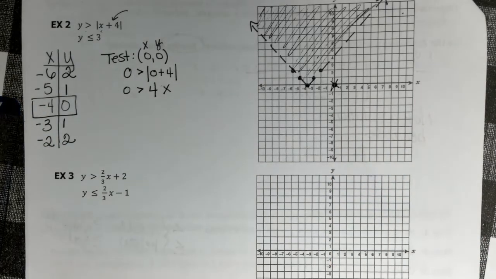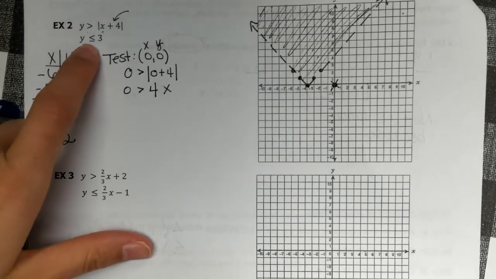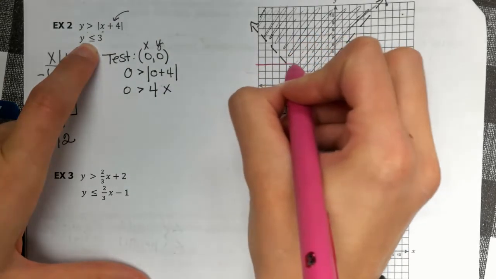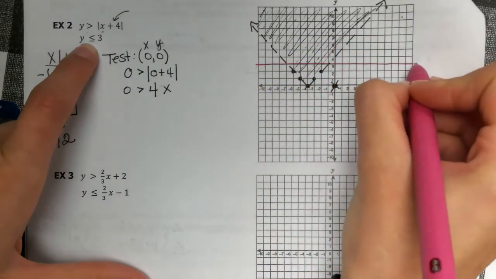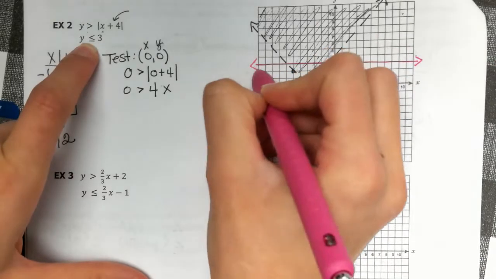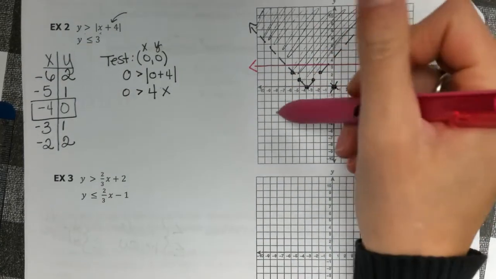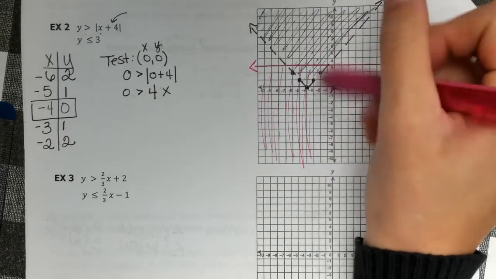Now, if I look at y is less than or equal to 3, that's just a horizontal line. It's equal to, so it's a solid horizontal line. And here it's less than, so I shade below.